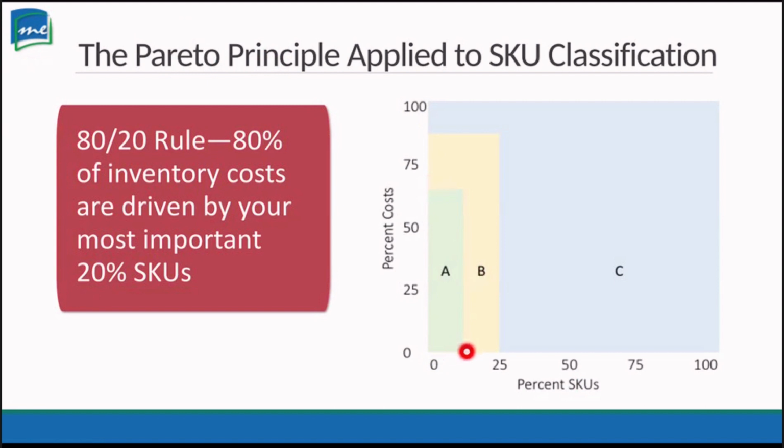And the B is another 15 to 20%, and it values another 25%. And for the C, it takes up around 75% of the total SKUs. The total SKUs, if you think back to what SKU is, is the total items you have. So it takes up 75% of the SKUs, but it only has about 10% of the value. This is the cost, the dollar usage. This is how much you spend on them.